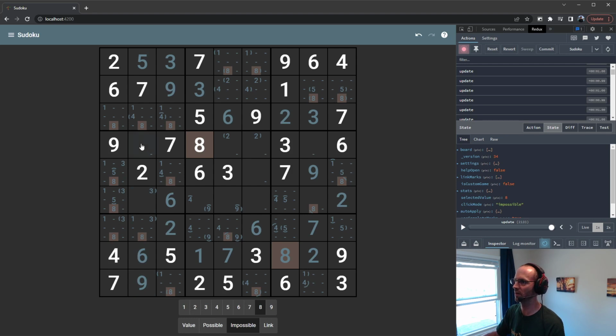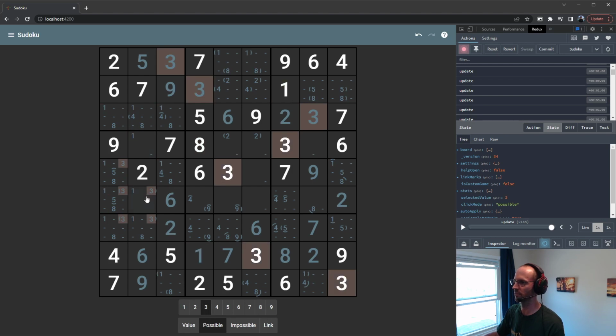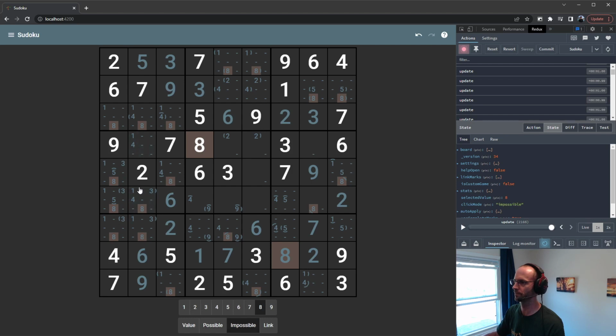So it'd be 1, 3, 4, 8. 1, 3, 4, 8 is what's to place. 1, yes. 3, cannot be there. 4 could be in either one of these. And 8, only in that one. Cool.